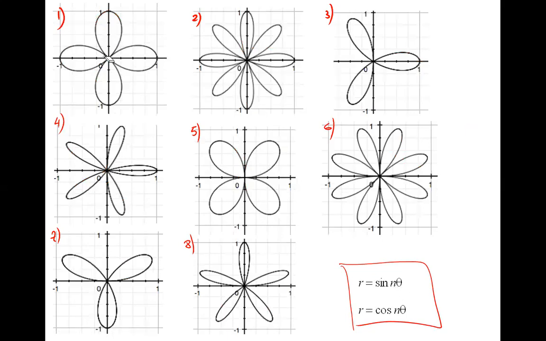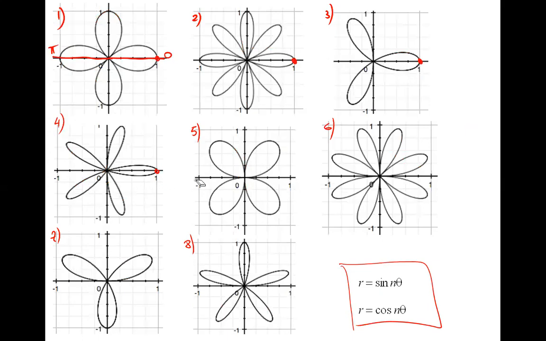That means 0 and 180 is simply the x-axis. That means as soon as we see some points on the x-axis, this will be cosine.